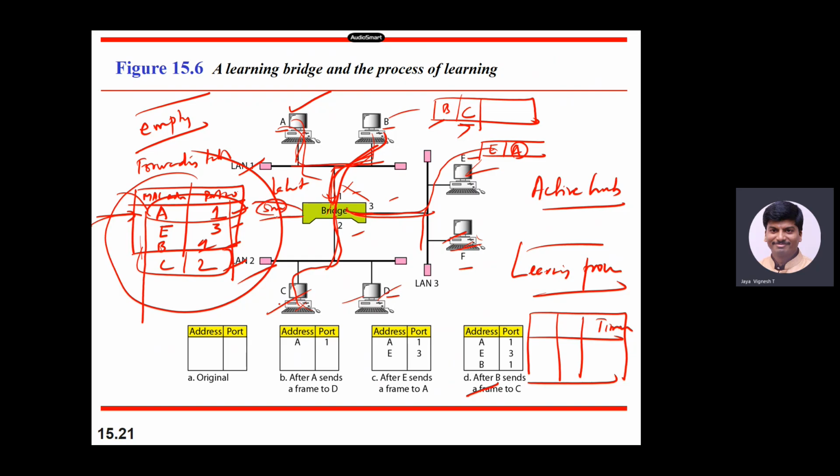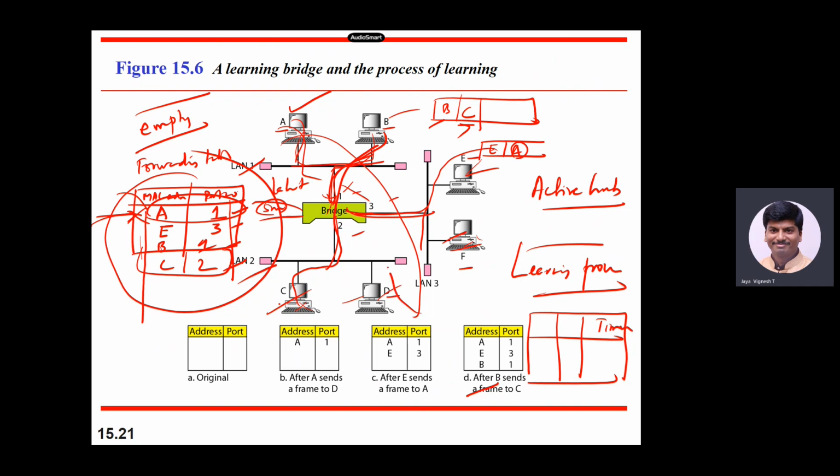So like this, when you have a timer associated, you're only maintaining the updated entries. You keep refreshing your entries by having the updated information. So in case A is moved from LAN 1 to LAN 3, and the timer entry is going to expire, then obviously this entry will be deleted.